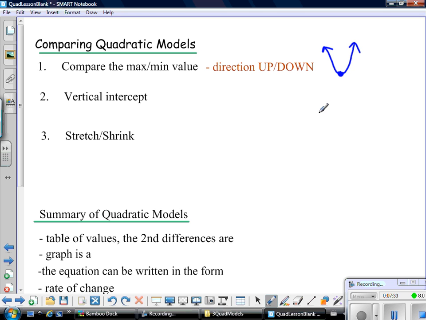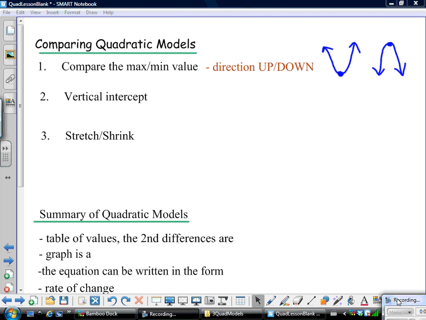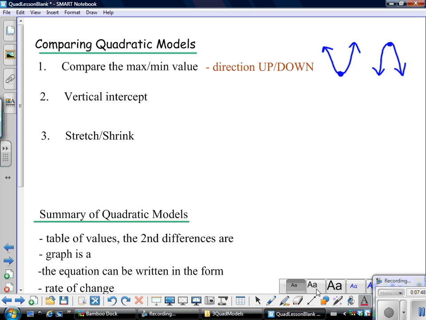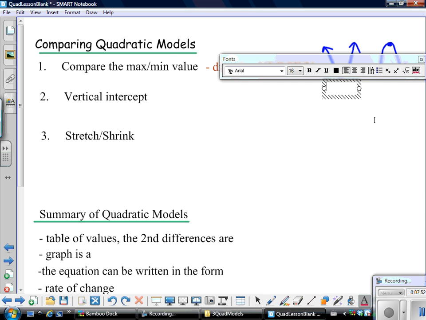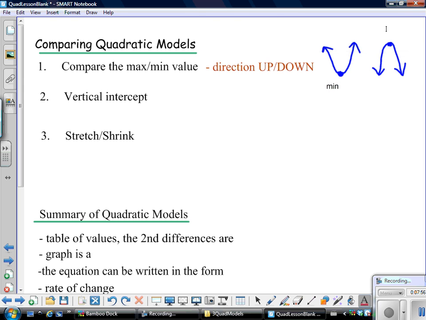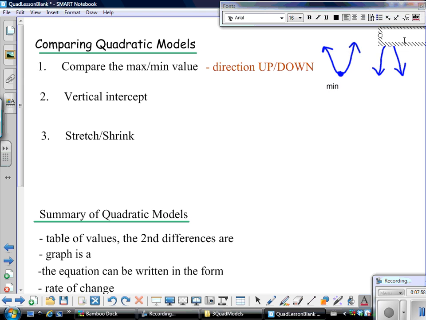So this becomes the minimum, and if I have a parabola that opens down, at this location here, again where the vertex is, it is a maximum value. And I'm just going to type those in really quickly rather than print them because I do a better job of typing. So this one creates the minimum, and this one here is a maximum. And notice that happens at the vertex.